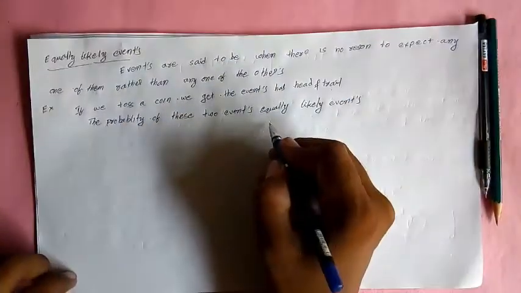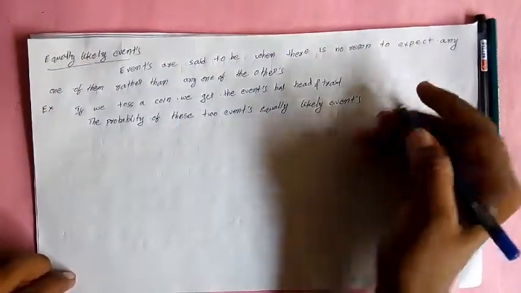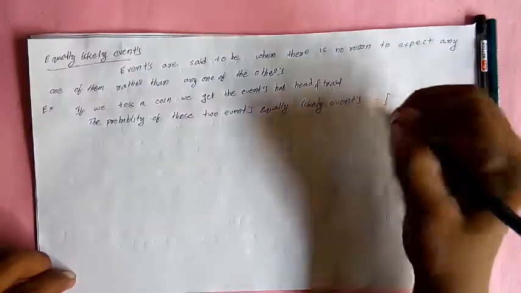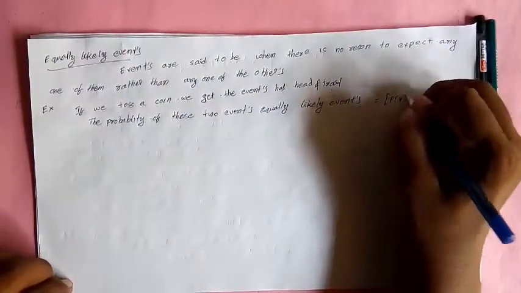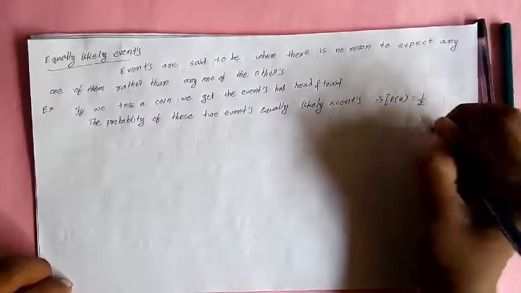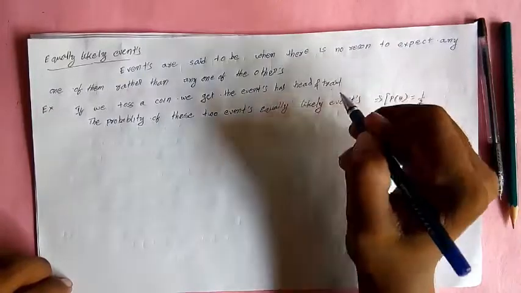There is no reason to accept any one of them. That can be indicated mathematically as P(H) equals 1 by 2. It means in getting the head, with two events, one is head and one is tail.